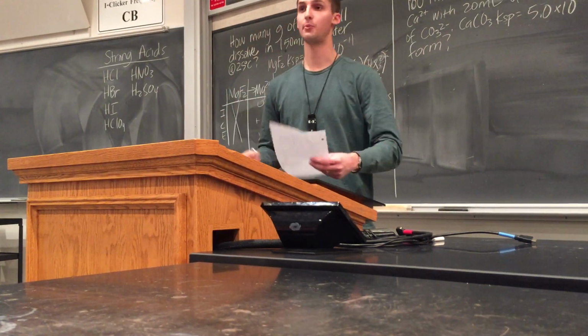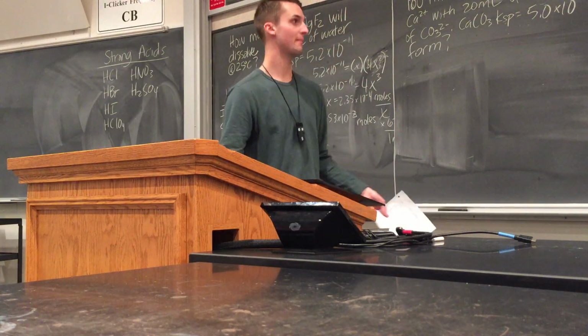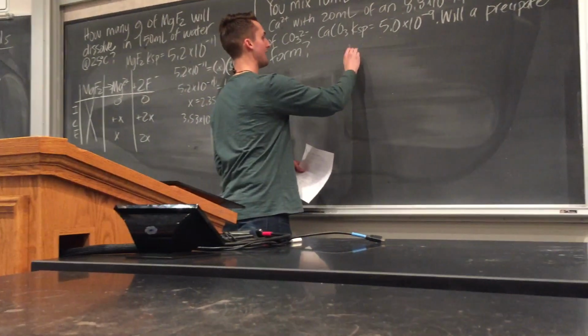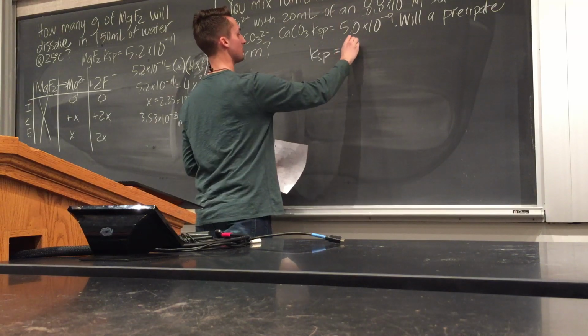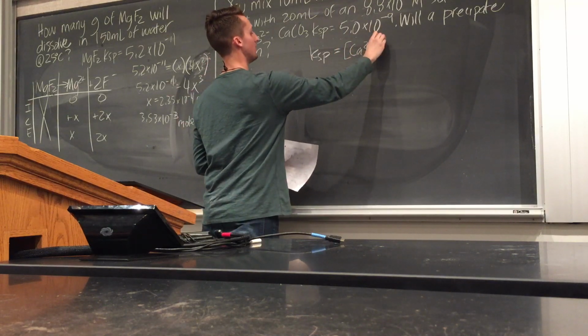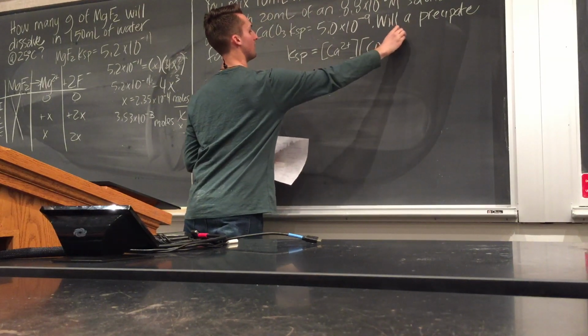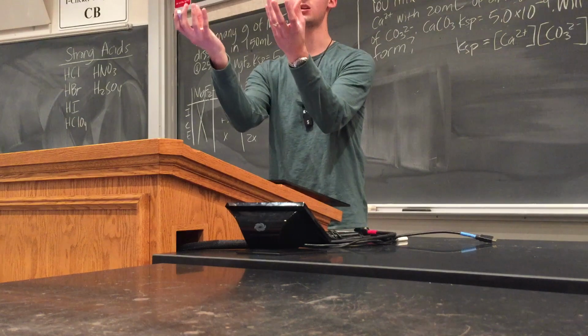So the first thing, I'm reading the problem, I see KSP. Great, okay? I'm going to set up my KSP expression. So I have KSP is going to equal the concentration of calcium times the concentration of carbonate. Now, just to explain what's happening here, I have two beakers, right?